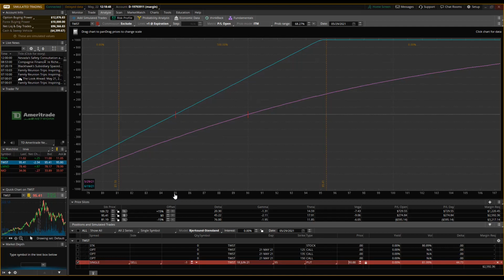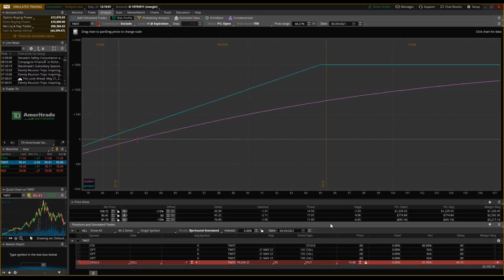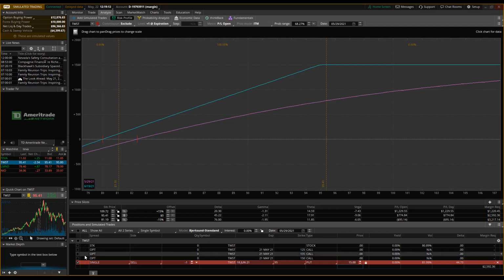As you can see, the more revenue, the more payment you get from selling the option, the greater and wider break-even point from the strike you're going to get. So keep in mind that this is a key factor when you're selling short puts.